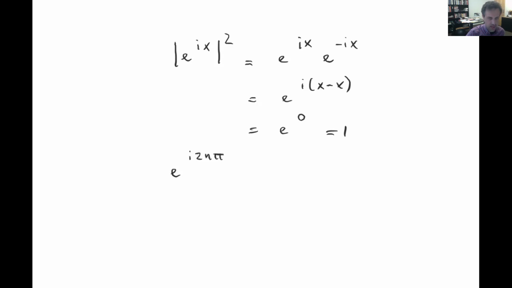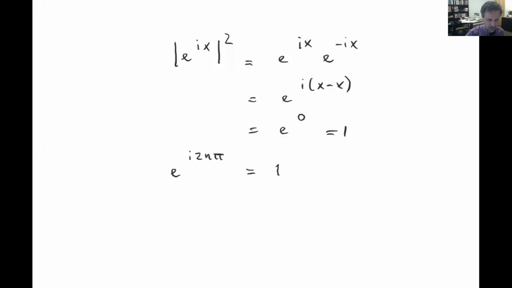Another very interesting one is the following. The argument now is i n pi, where n is any integer. So this equals 1 for n an integer. That is very nice, because this complex exponent, which is a complex number, is in fact purely real. It does not have an imaginary part.